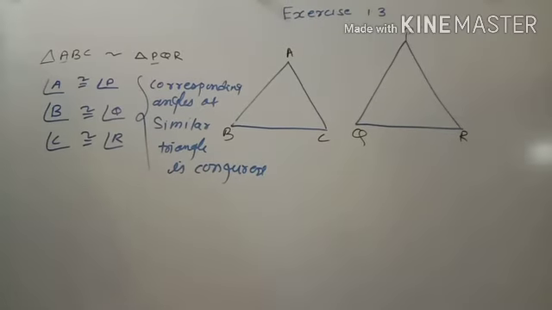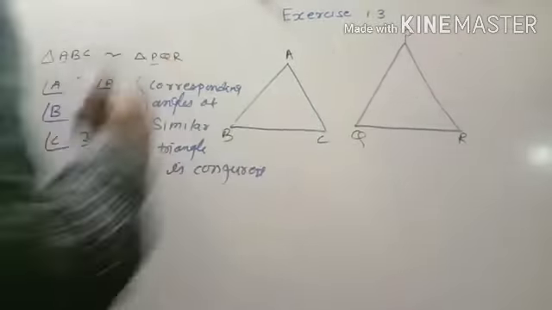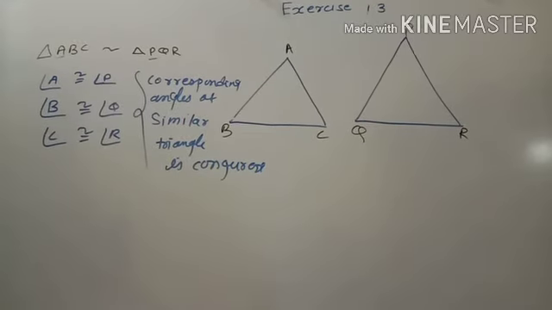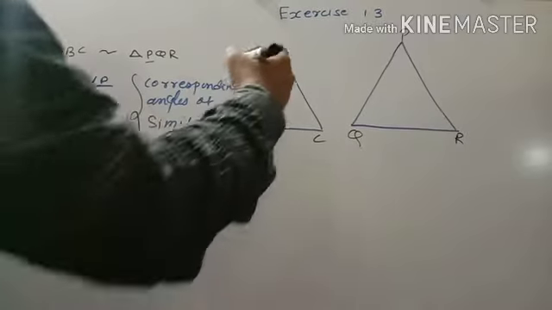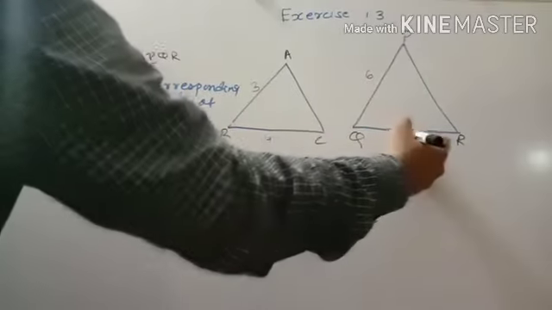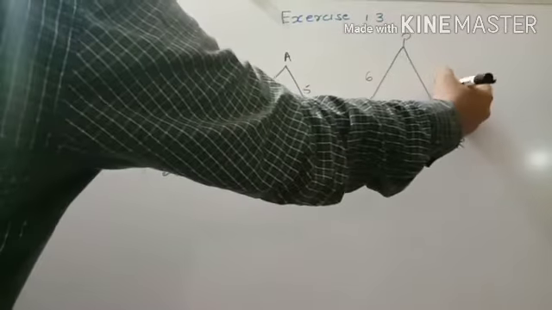What about the sides? When two triangles are similar, the ratio of their corresponding sides are equal. For example, it is 3, it is 6, it is 4, it is 8, it is 5, and it is 10.